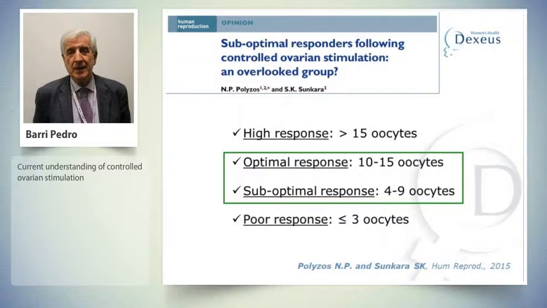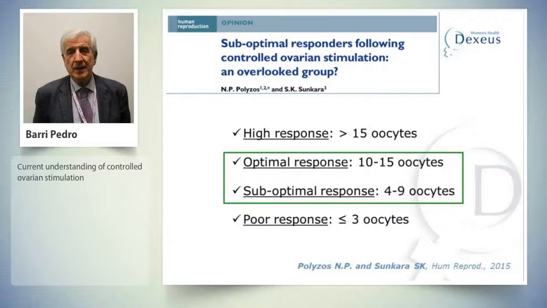This is why so far we had three different categories. The low responders, according to the ESHRE criteria, those patients producing a maximum of 3 oocytes. The high responders, patients producing 15 oocytes per pickup, and the group in between was considered as normal responders.